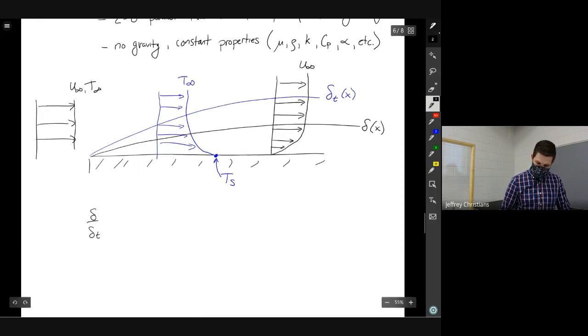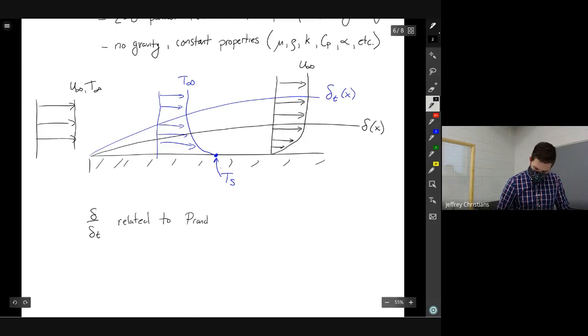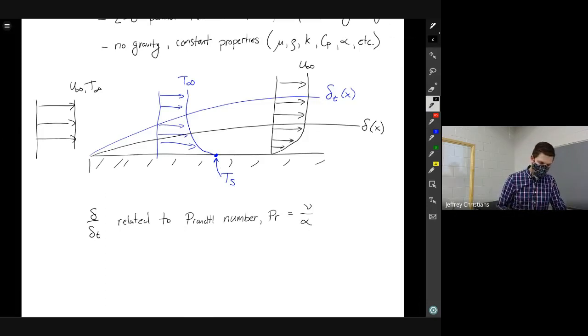So the relative thickness of these is related to what we call the Prandtl number, which we usually call Pr, which is the relation of the kinematic viscosity and the thermal diffusivity.